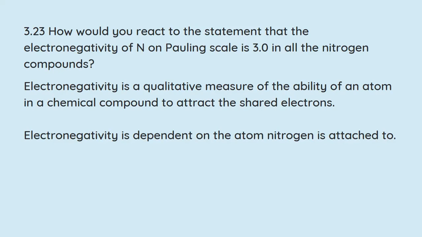Then obviously there'll be a change. So electronegativity is actually dependent on the atom that the nitrogen is attached to, and based on that, the value of the electronegativity will vary. And so the statement that in all the nitrogen compounds the value of electronegativity is 3.0 might not be applicable.